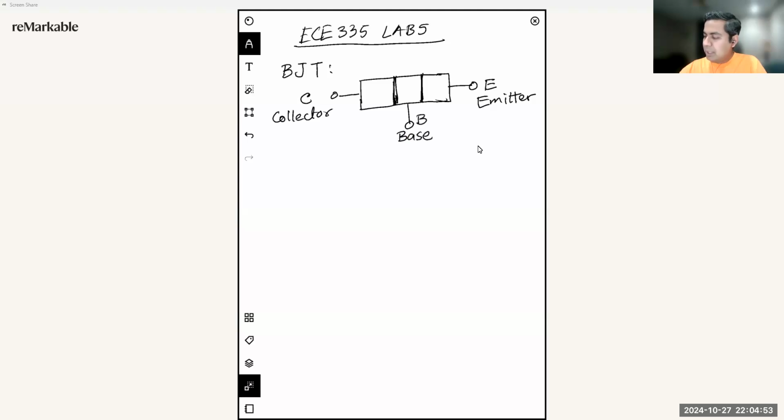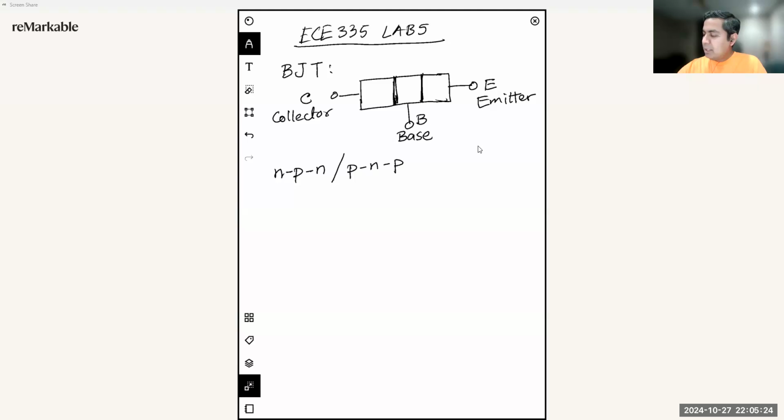We denote it with B. So usually a BJT will be in two different configurations. It can be an NPN or it can be a PNP junction transistor. For now, we will start the discussion with NPN transistors, and then we can talk about PNP transistors and how they are created and how they operate.